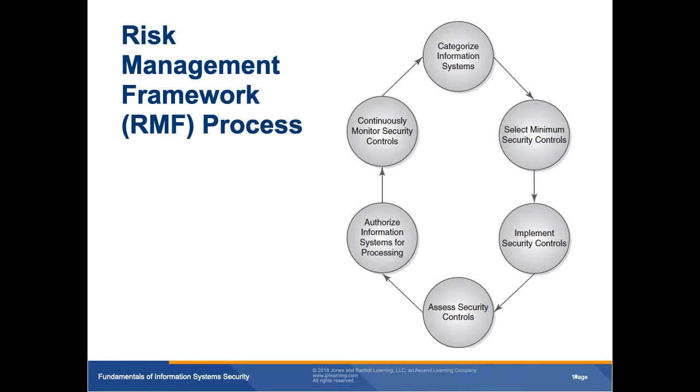And then continuously monitor security controls. An agency must monitor security controls continuously to make sure that they're effective. They also must document any changes to their IT systems, assess changes for new risks, and then start the whole process over if there is a need for change.